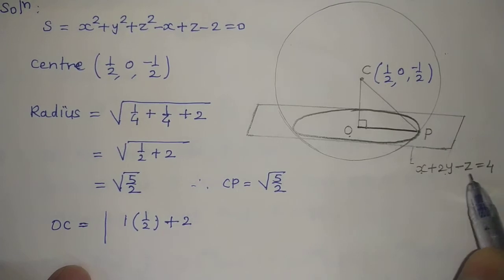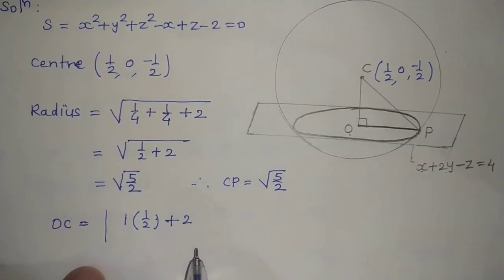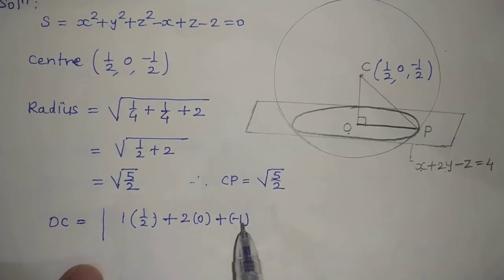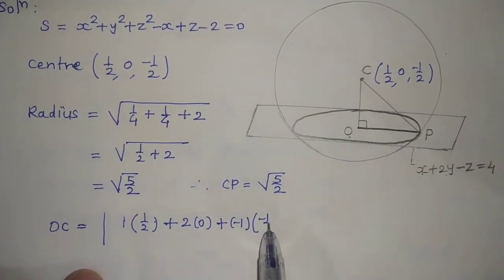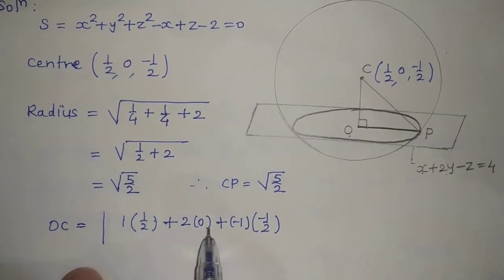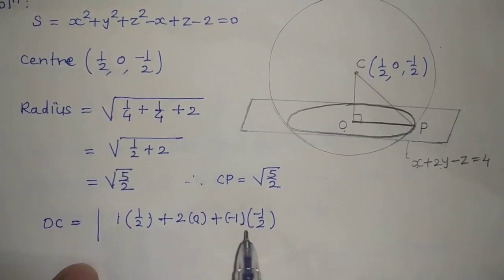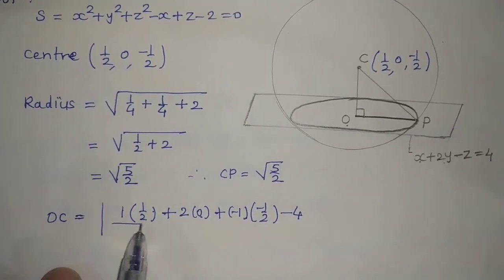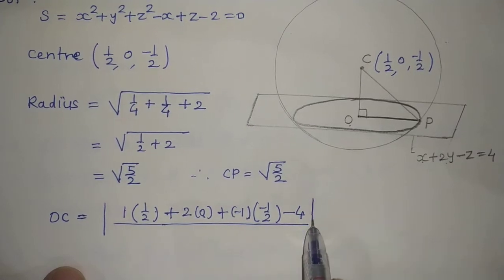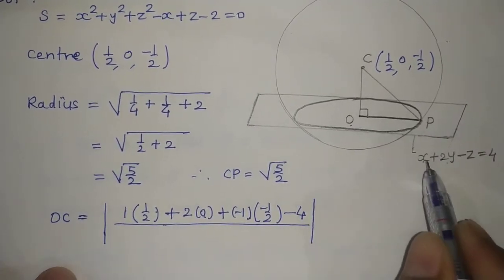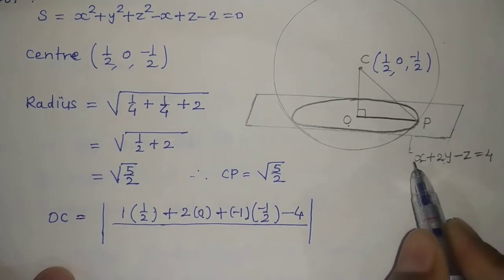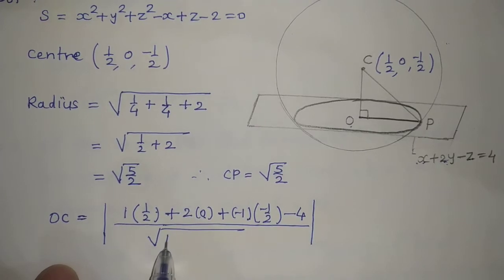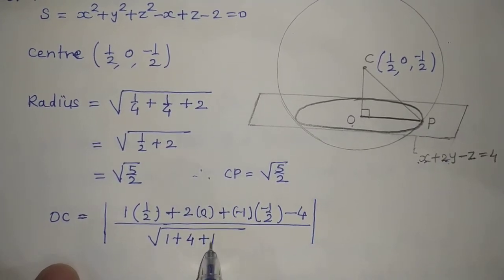Recall the standard form of the equation of the plane. Minus d is here minus 4, divided by root of a² + b² + c². A is 1, b is 2, c is minus 1, so it is root of 1 + 4 + 1.